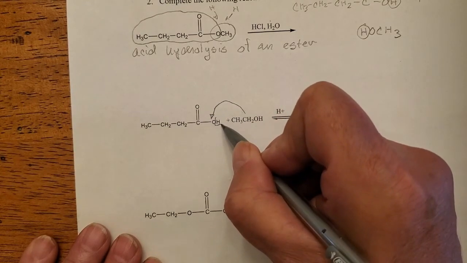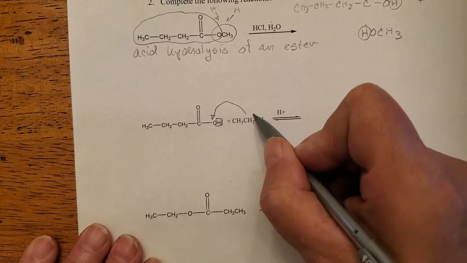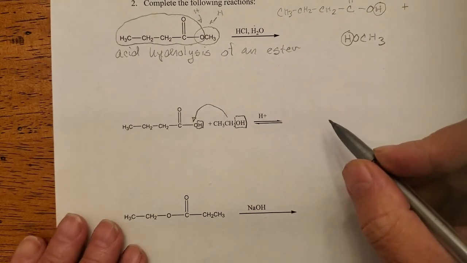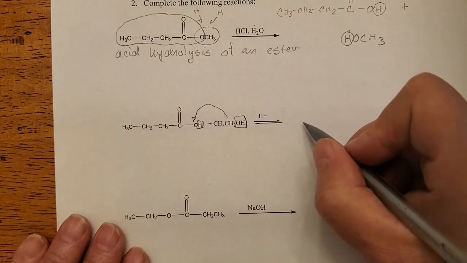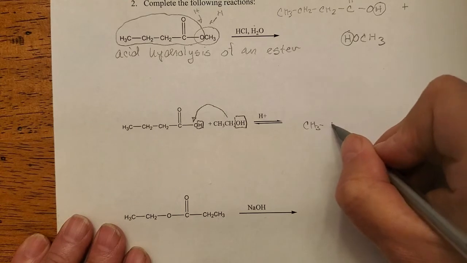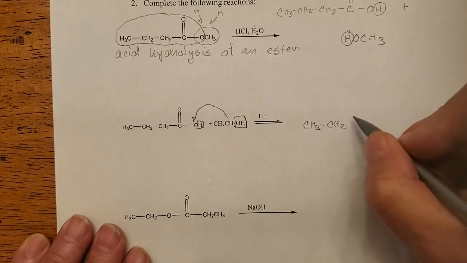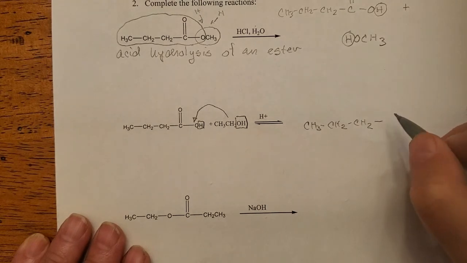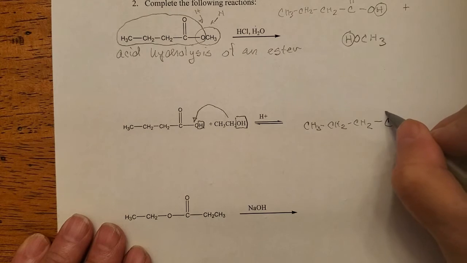We're going to get rid of that, and we're going to get rid of that as water. So we simply rewrite this: CH3, CH2, CH2, and here's the carbonyl.